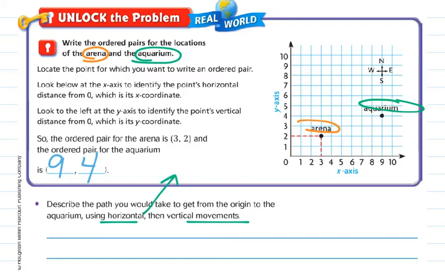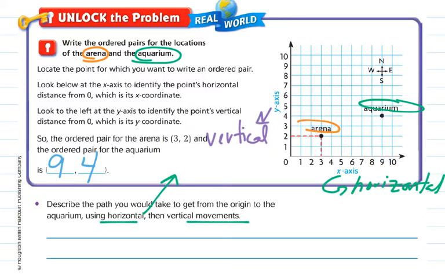Just to get into the pattern of it, I'm going to write down that the horizontal axis is also considered to be the x-axis, and the y-axis is considered to be the vertical axis. So to get from the origin to the aquarium, I would go 9 units to the right, and then 1, 2, 3, 4 units up.